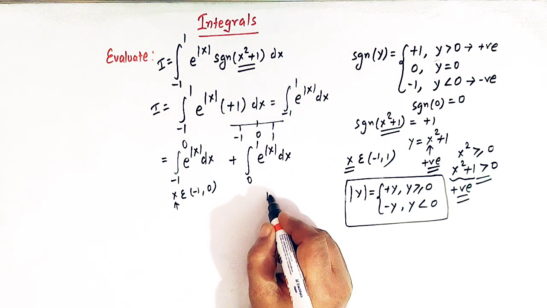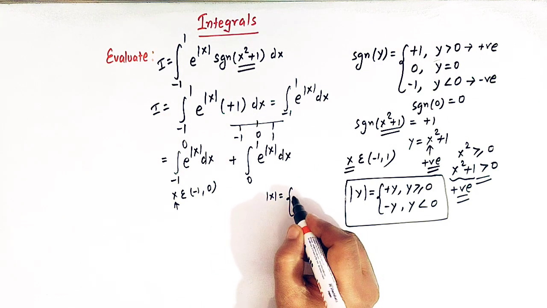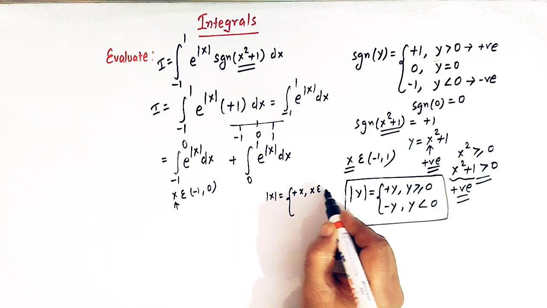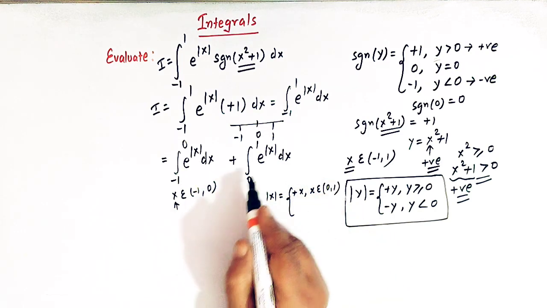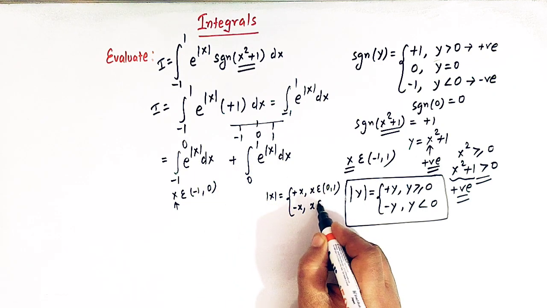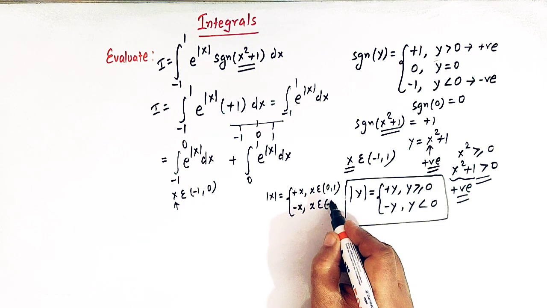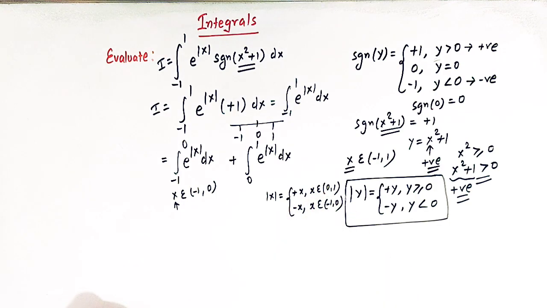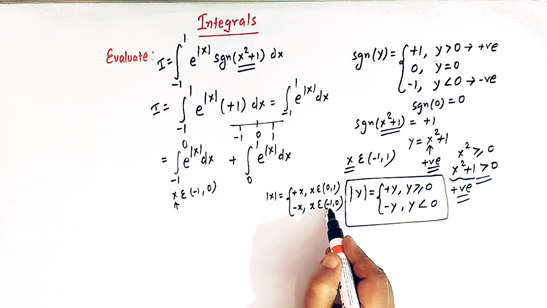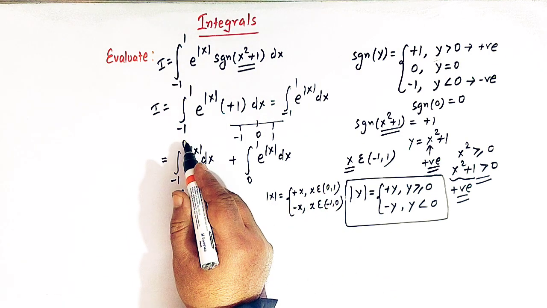Mod of x is positive x for x belonging to 0 to 1, and mod of x is negative x for all x belonging to -1 to 0.